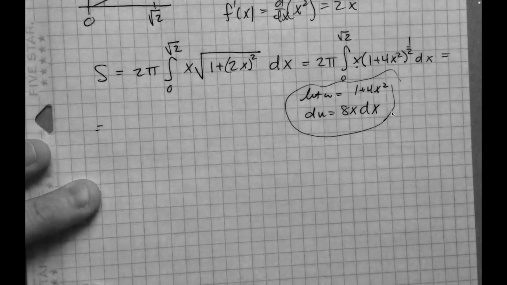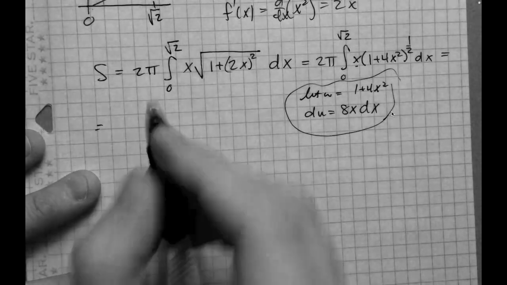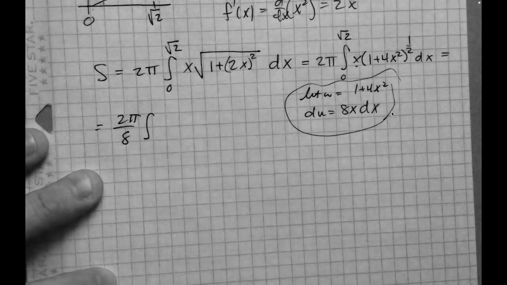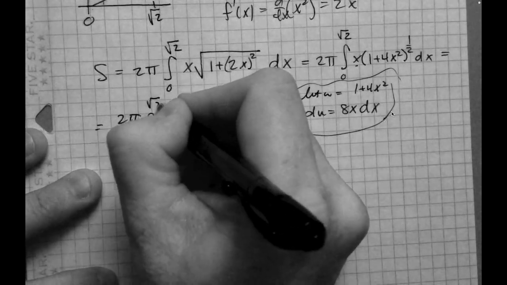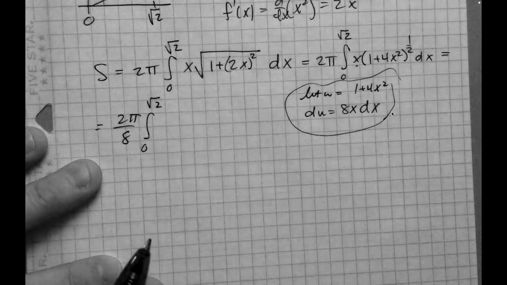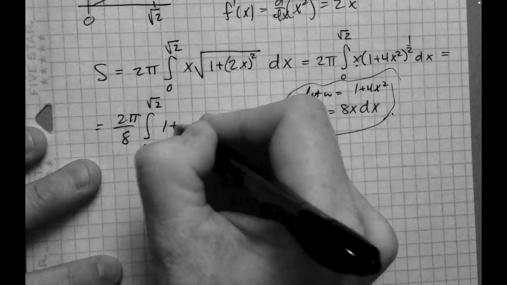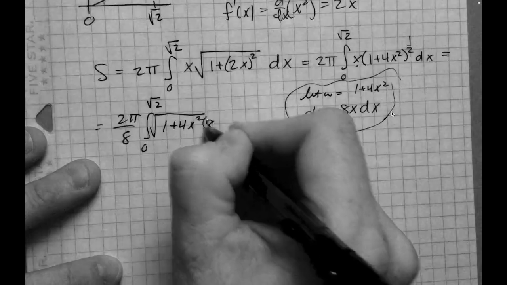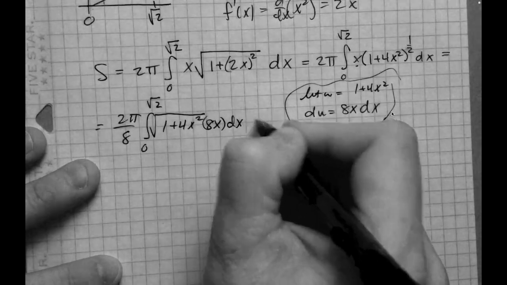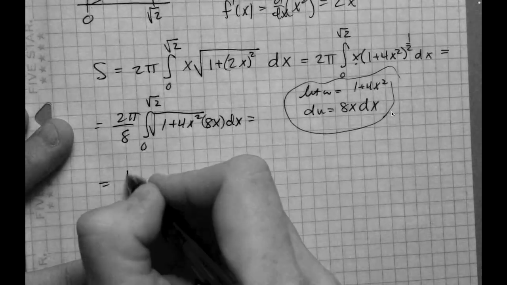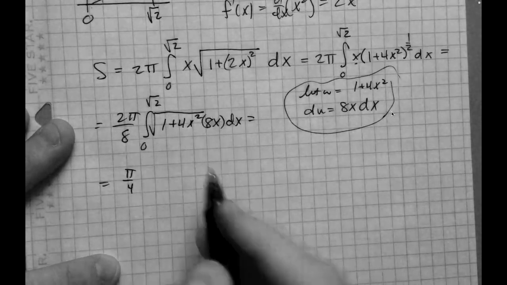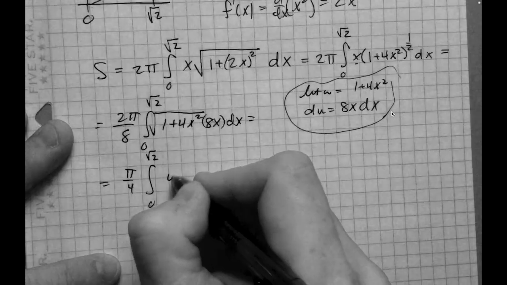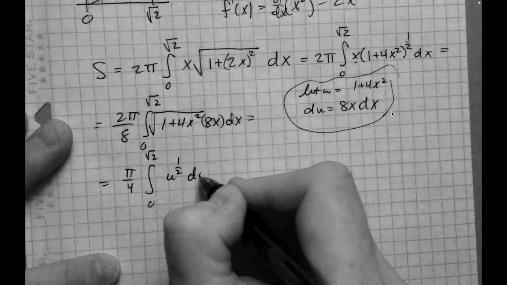So we get 2 pi over 8 times the integral from 0 to the square root of 2 of the square root of 1 plus 4x squared times 8x dx, right? So that's all you need to do your substitution here. So the integral from 0 up to the square root of 2, and then it's u to the 1/2 du.